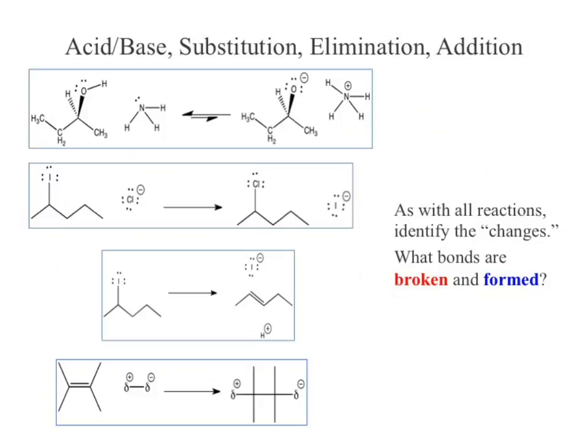Okay. The other big thing, I did mean to go back through and add one extra section on this, but we will talk about it later on. Know your reactions. Your acid-base, substitution, elimination, addition. Everything we've done this semester is some multiplication thereof. We did an acid-base reaction followed by a substitution.